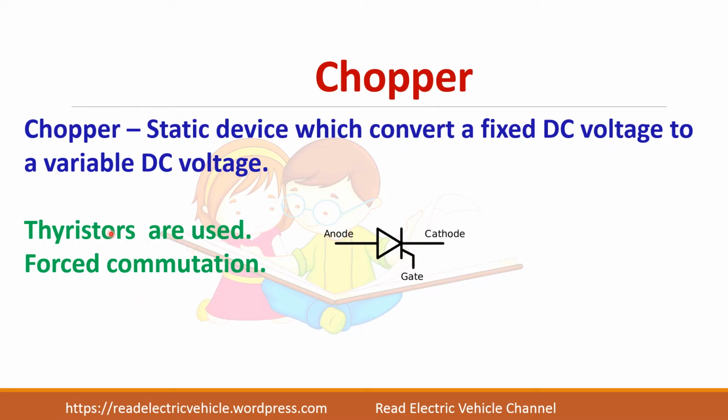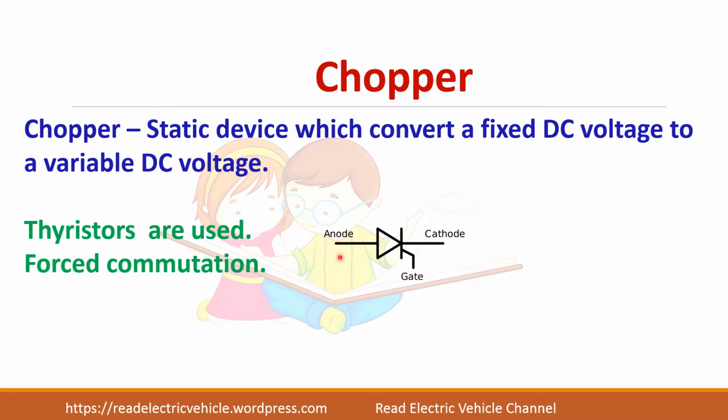The problem with thyristor is that we know that when we apply a gate pulse, thyristor will be turned on, but turn off process is not in our hands. It is controlled by the circuit. So when you have an AC supply as in a rectifier, it gets turned off automatically or naturally due to the reversal of supply voltage.